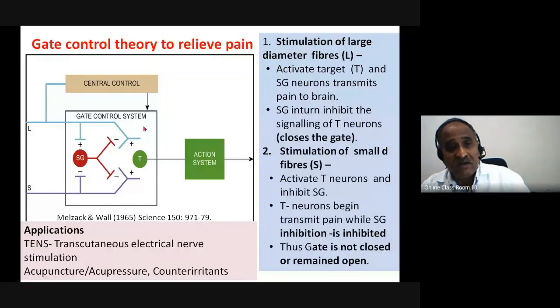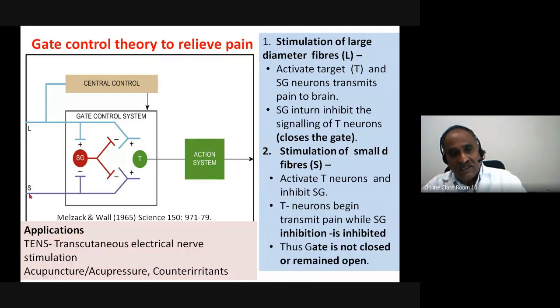Now, let me tell what this gate control theory is. Initially when they proposed it, they were looking at the large diameter fibers and the small diameter fibers, A delta fibers and C fibers. Nowadays, these are A beta fibers, thinly myelinated fibers, and C fibers or small diameter fibers.